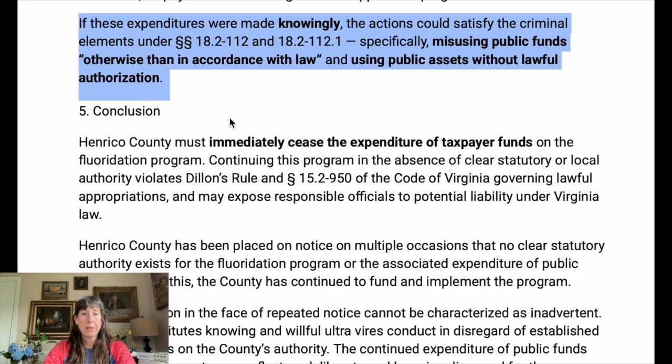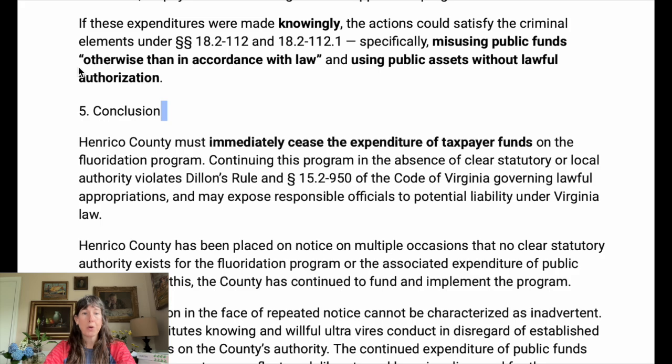If these expenditures were made knowingly, the actions could satisfy the criminal elements under 18.2-112 and 18.2-112.1, specifically misusing public funds otherwise than in accordance with the law.